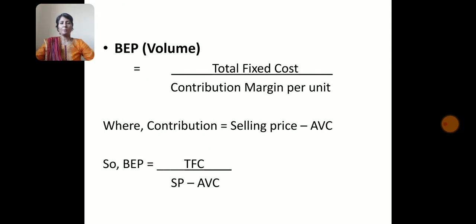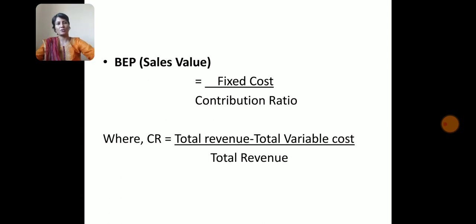BEP here is calculated as total fixed cost divided by contribution margin per unit, where contribution is equal to selling price minus average variable cost. So BEP is equal to total fixed cost divided by selling price minus average variable cost.